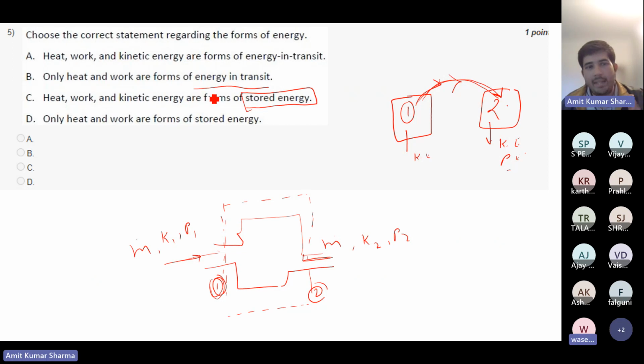Anyone? What else energy now comes into the picture? Now there are two systems, 1 and 2, they are interacting. Now comes heat and work into the picture.